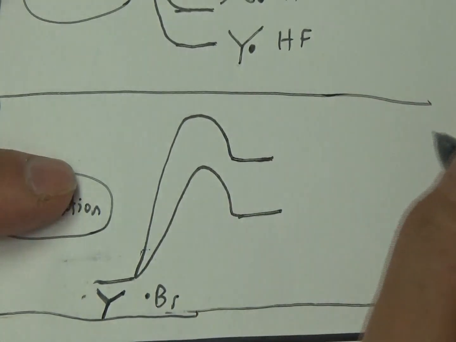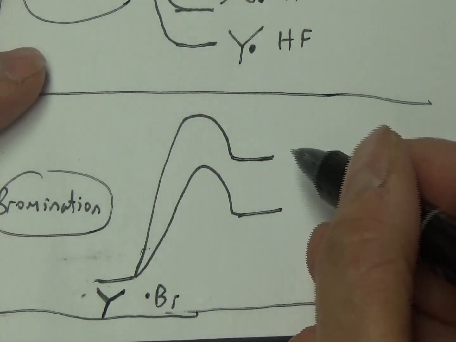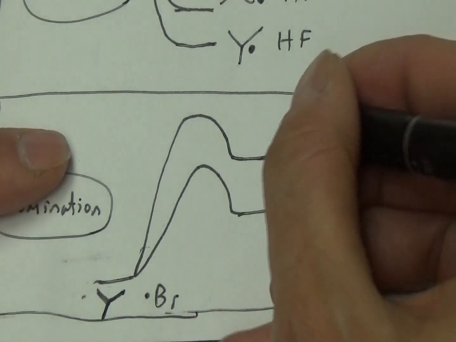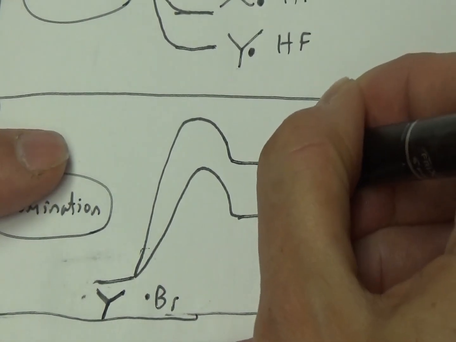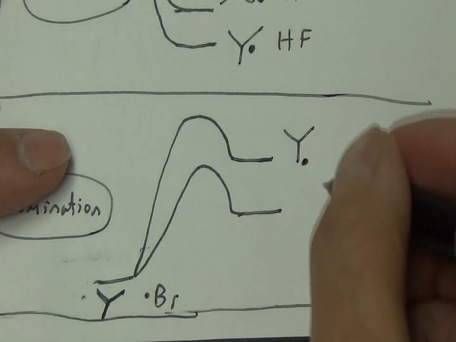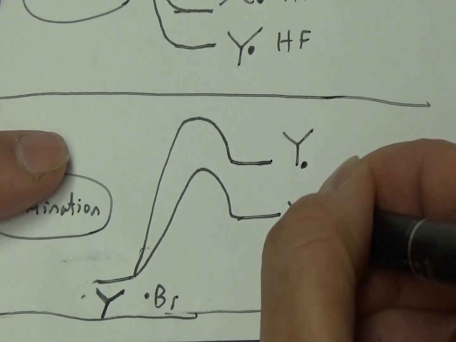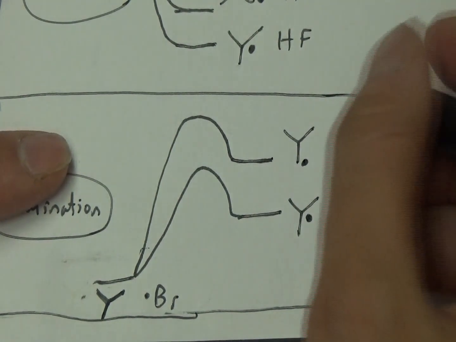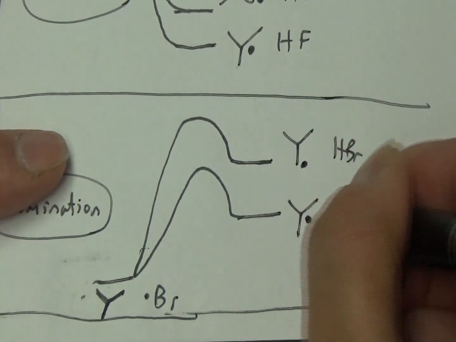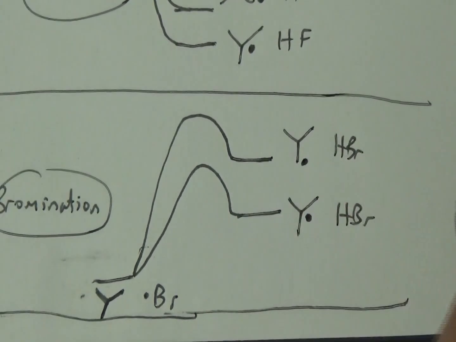The top one would give you the less stable one. We know primary is less stable. And the bottom would give you the more stable one, plus HBr. Okay? We cool so far? And these are the transition states.